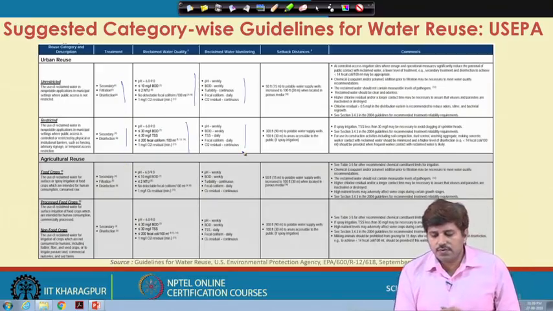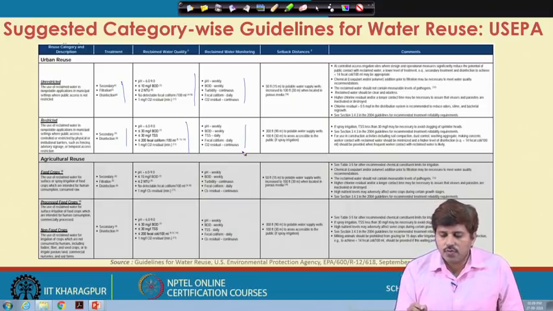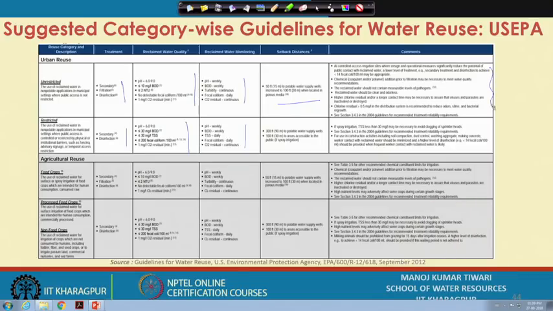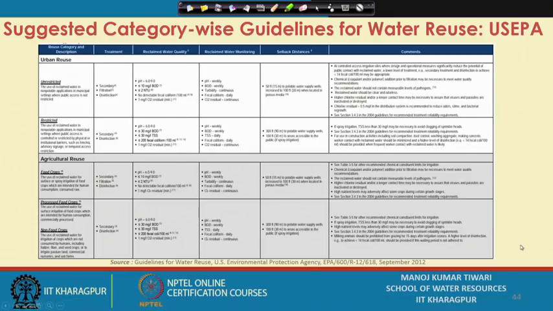Then there is the setback distance, meaning the minimum distance that should be maintained so that it does not affect the system in the longer run, and there are various observations and comments. Similarly, for agricultural reuse for food crops, these are the criteria. For processed food crops and non-food crops, these are the criteria. So, that is about the urban and agricultural reuse.